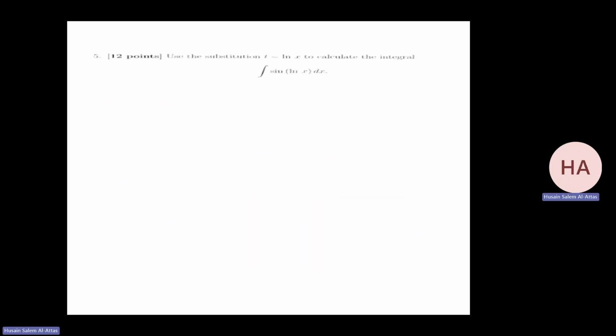Okay. He said use the substitution. So it seems I need to do substitution and then integration by parts. Let us see what will happen. I do the same trick. Let u equal ln x. What will be du? It will be dx over x, like what I did with the square root. So I have sine ln x. I multiply by x over x dx.